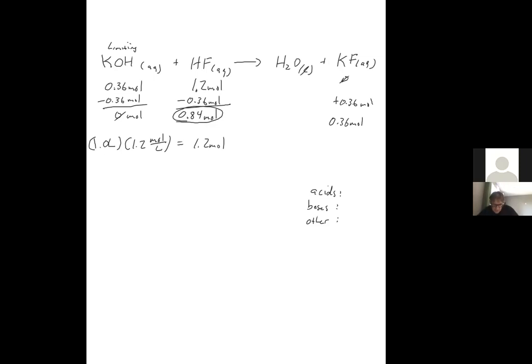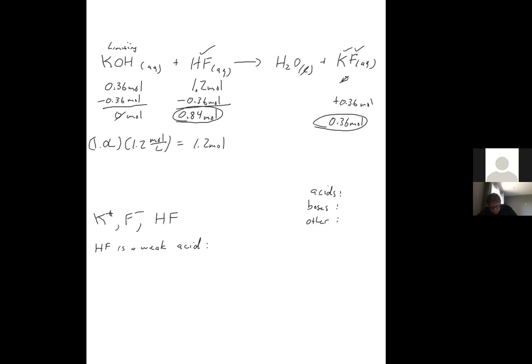Okay, so here's what we're left with. We've got some KF left. So we've got K plus. We've also got F minus, right? KF is K plus and F minus. But we also have some HF. Okay. So we have H plus, but remember HF is an acid. It's a weak acid.